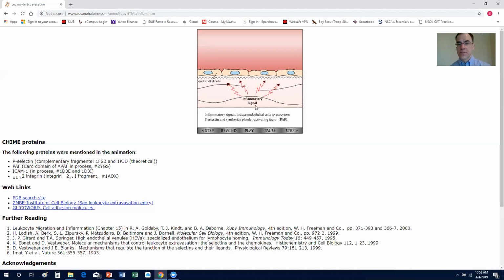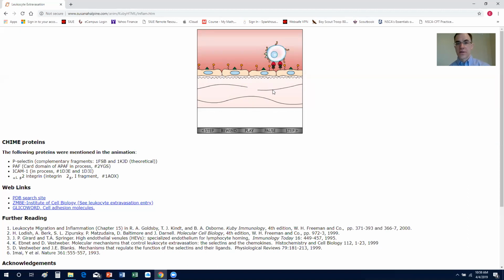Here's the inflammatory signal coming from the LDLs saying, hey, monocytes, come to the intima of the coronary artery. And now we're going to have the rolling of the monocyte, the rolling due to E-selectin. And now after this, the integrin is going to interact with the VCAM1 and ICAM1, and that's going to cause the sticking of the monocyte.